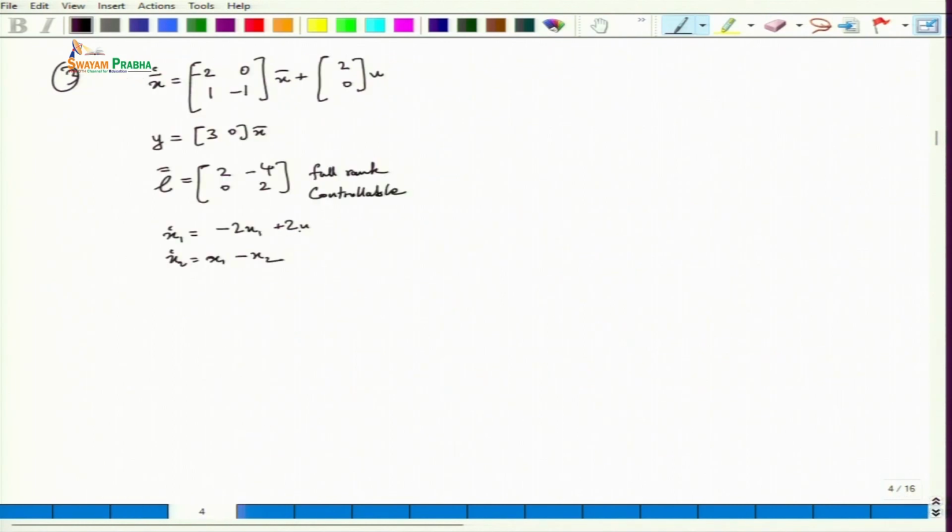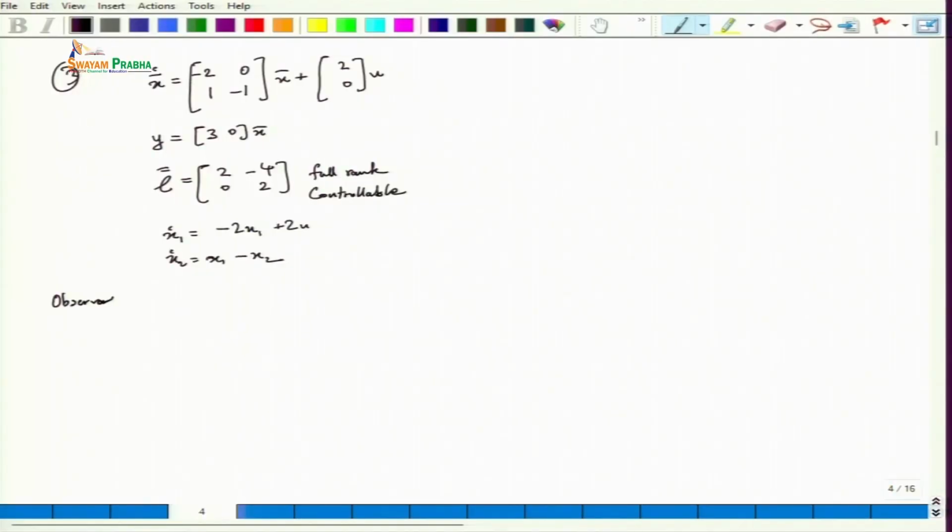Although u is not directly contributing to the state x2, u contributes to x1 and x1 contributes to the differential equation for x2. So in this manner there is an indirect contribution from u and the system can be controlled.